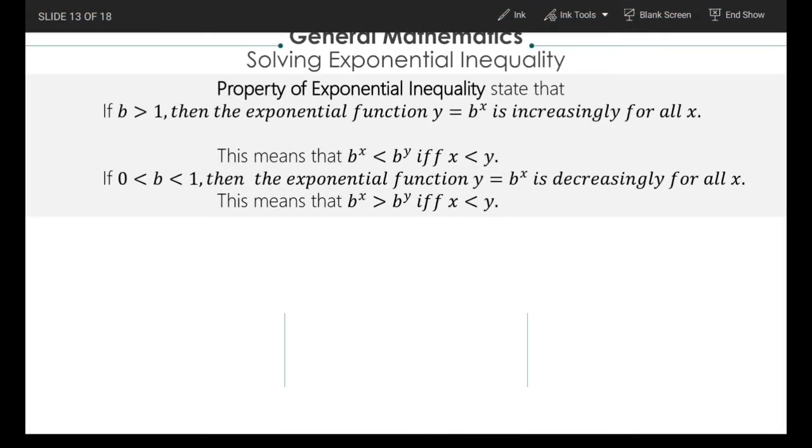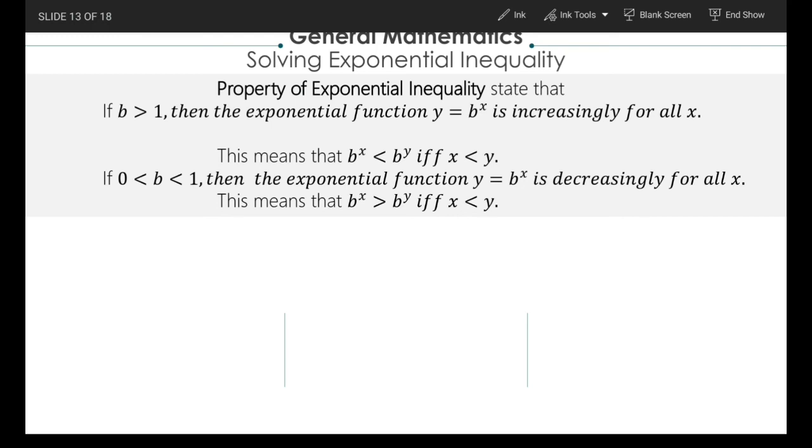So, in solving exponential inequality, you have to be reminded of the property of exponential inequality that states that if b is greater than 1, then the exponential function y is equals to b raised to x is increasing for all x. That means that if b raised to x is less than b raised to y, if and only if x is less than y.